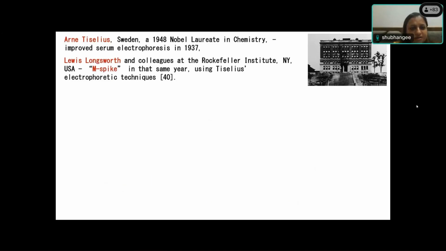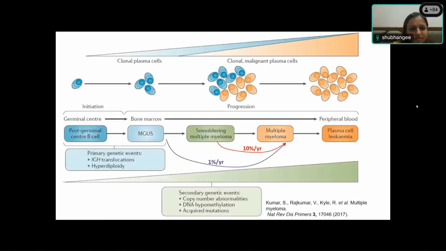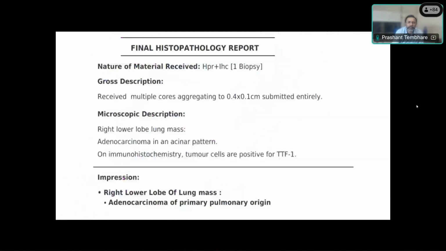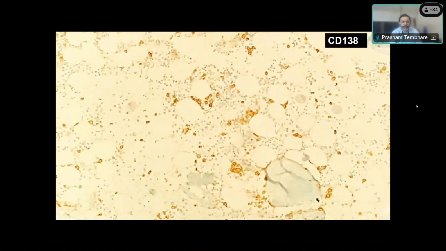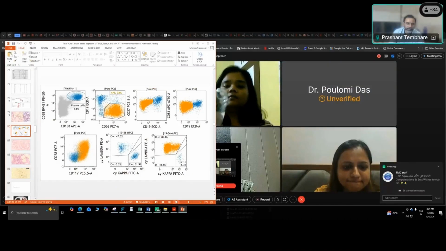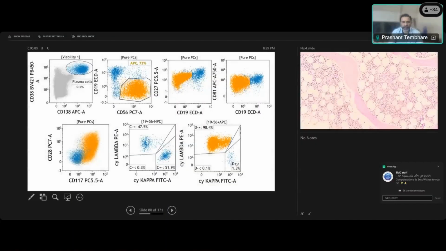Sir, I have a question. Sir, in the last case on the dot plot of kappa and lambda, there are some cells going beyond the 10 to power 0 on the kappa axis. Still, those are the clonal cells. Okay, let me find it here.